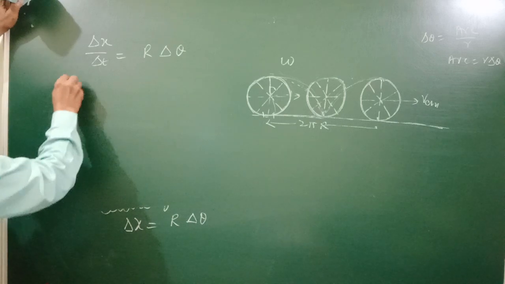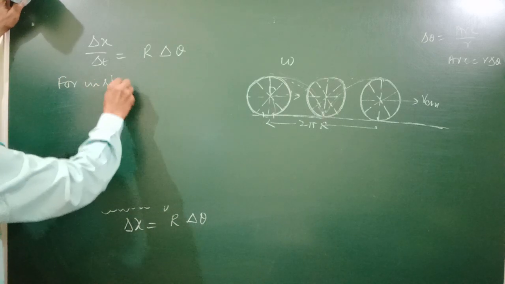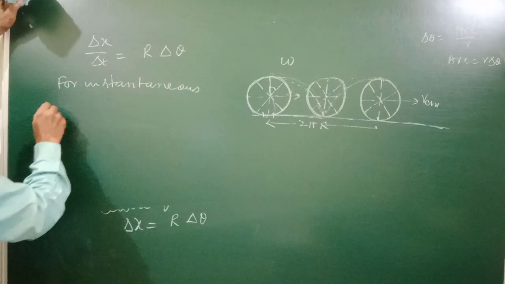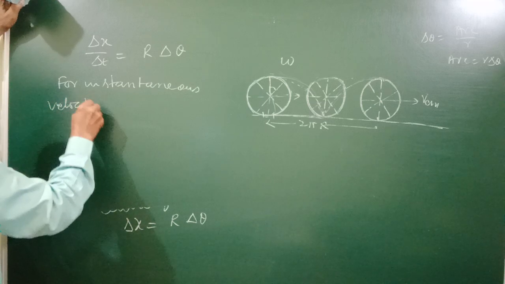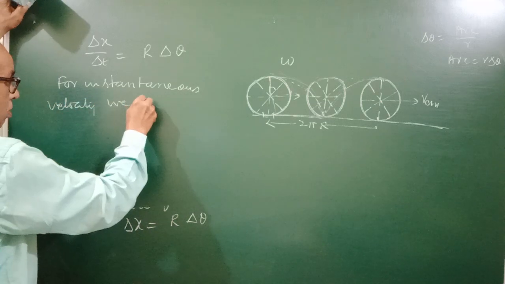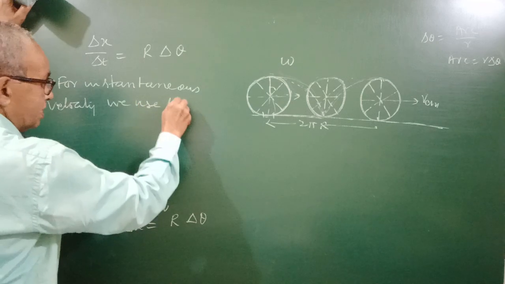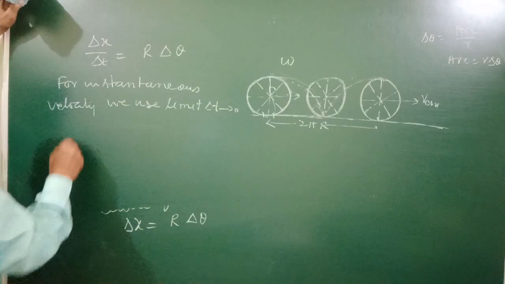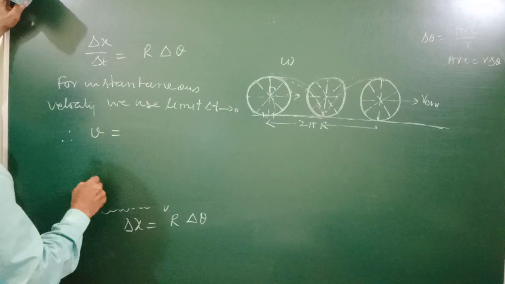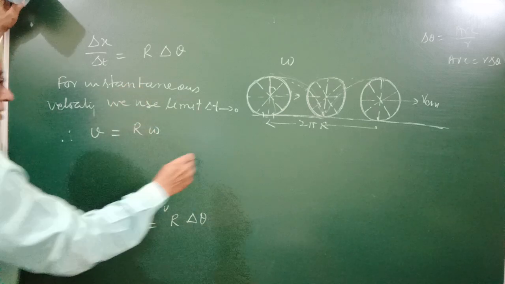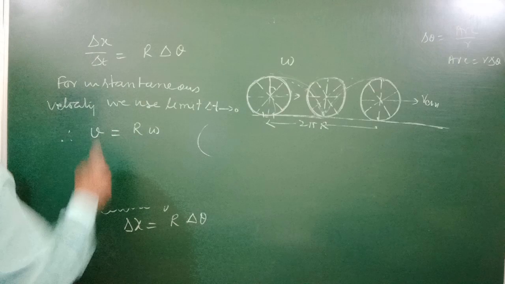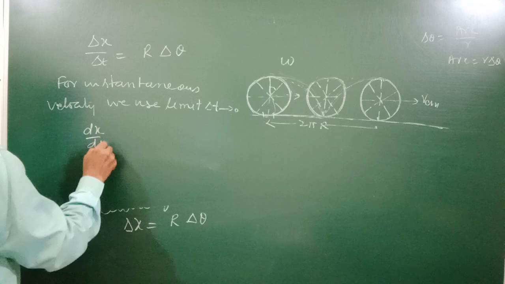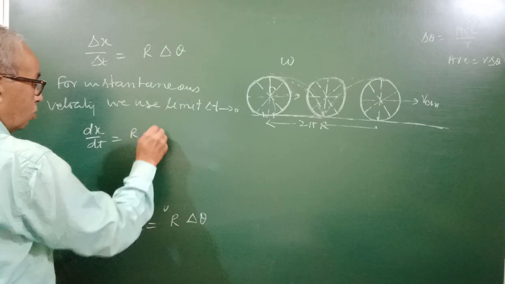For instantaneous velocity, we use the limit delta t tending to 0, and hence we get dx upon dt equal to r d theta upon dt.